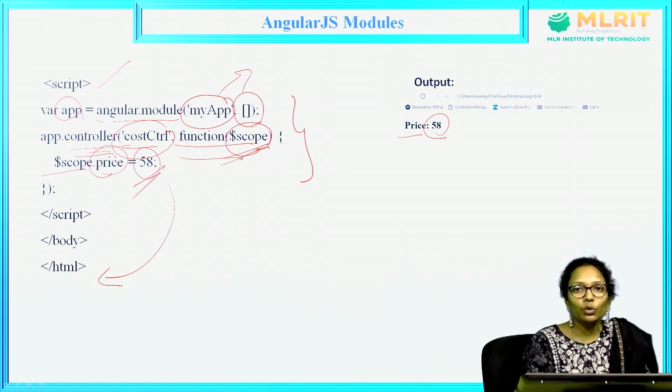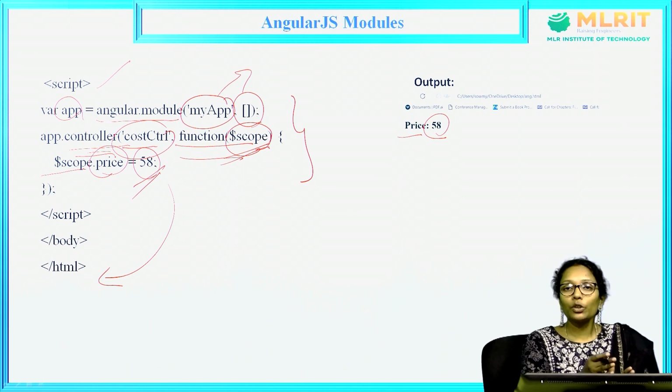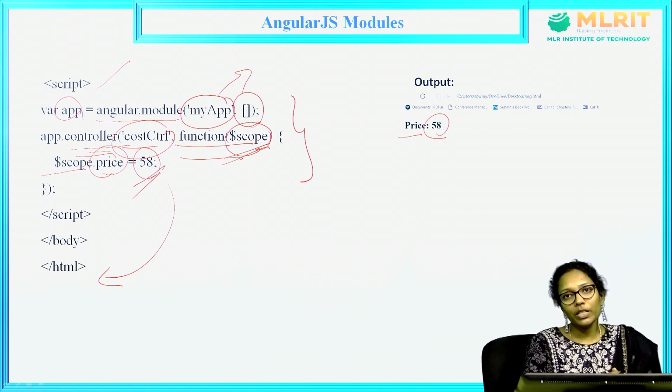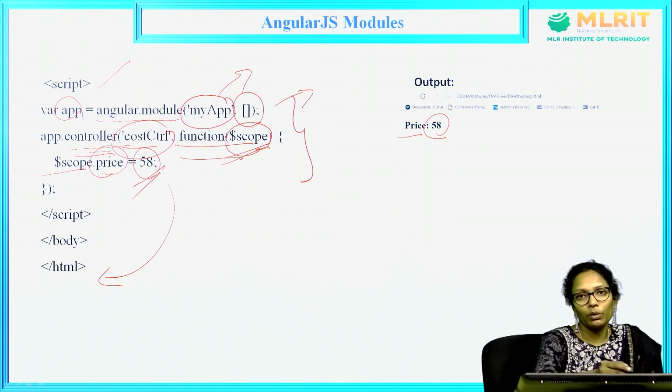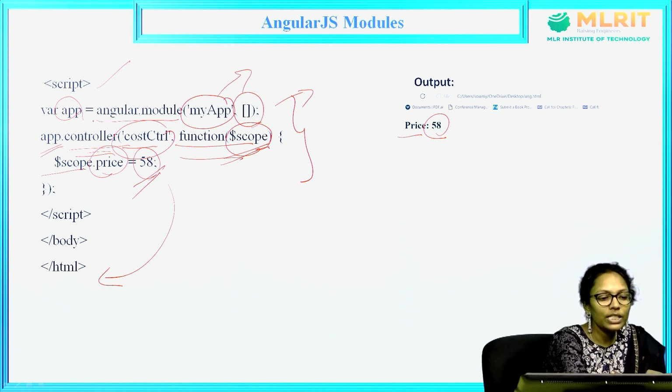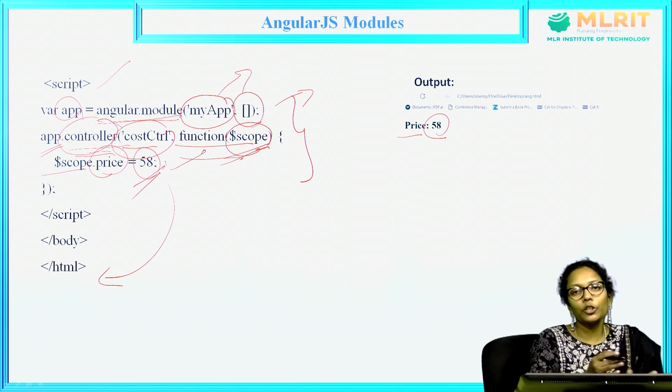See here, using this controller, you are controlling this module, how the module should work. The same thing you are telling using this controller. If you observe the previous program, there is no use of that module, because we simply declared it. But now for this app, for this module, I am applying the controller so that it connects to your AngularJS application and decides how your AngularJS should work.